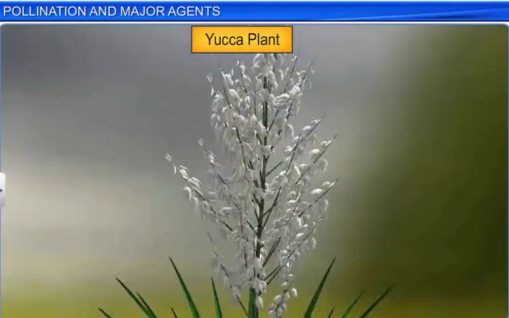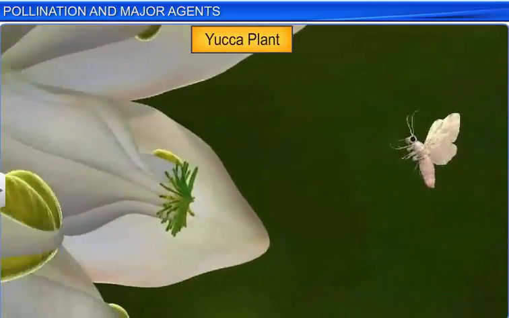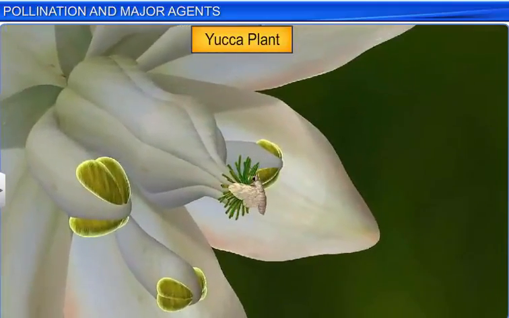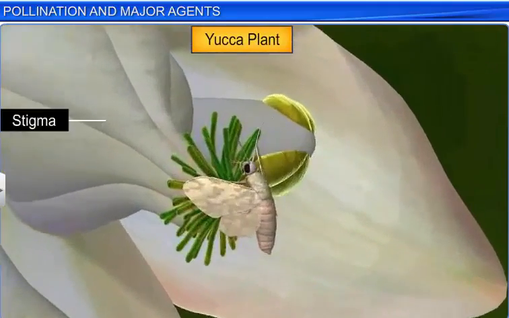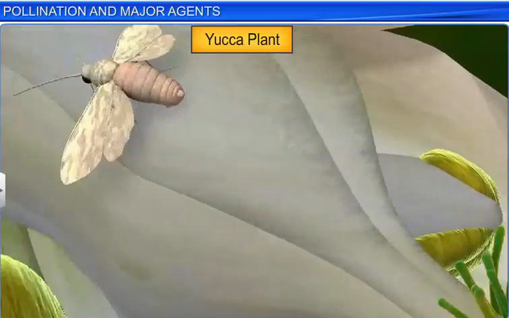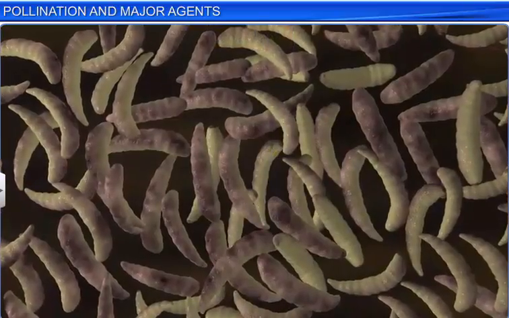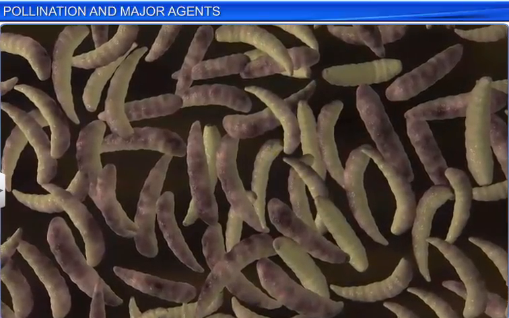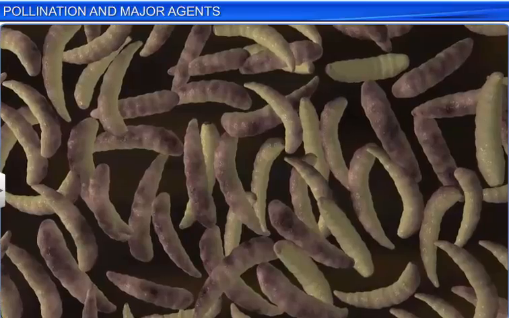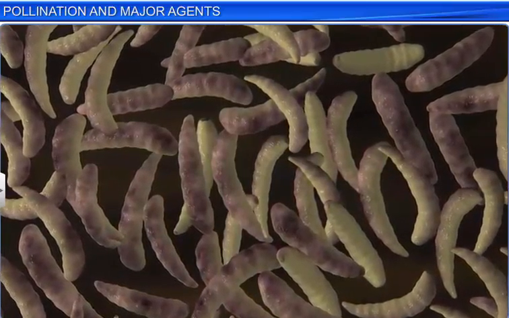In the yucca plant, on the other hand, a female moth transfers the pollen of another flower to the stigma and simultaneously deposits her eggs in the locule of the flower's ovary. The larvae, which hatch out of the eggs, start consuming some of the developing seeds, while leaving enough of them to propagate the plant.